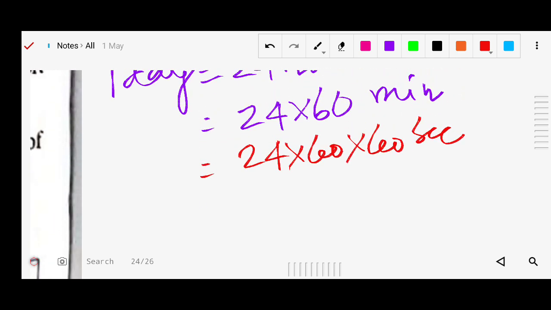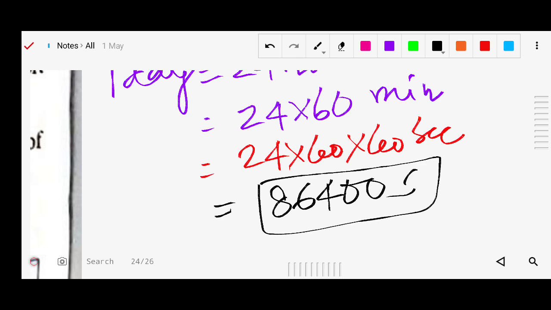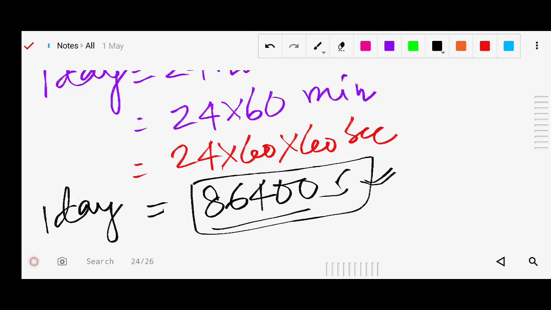When you multiply this value, you get 86,400 seconds. So in one day, how many seconds? 86,400 seconds.